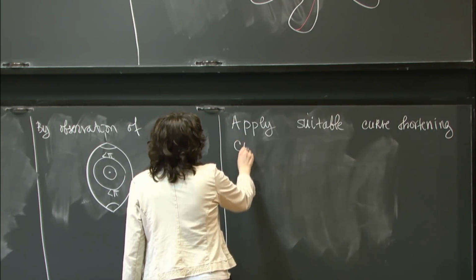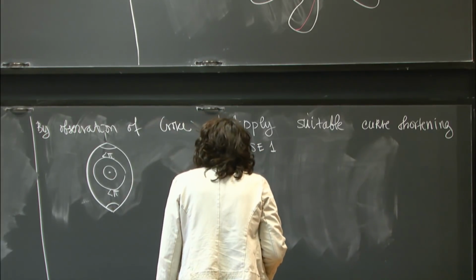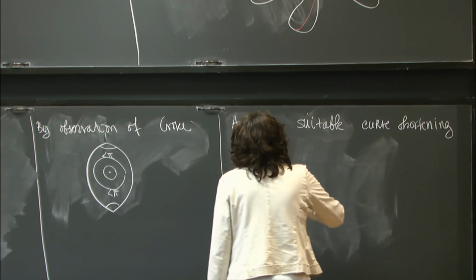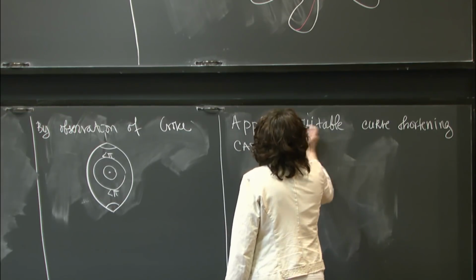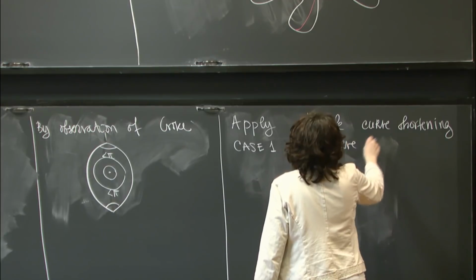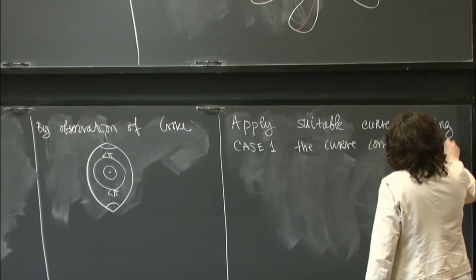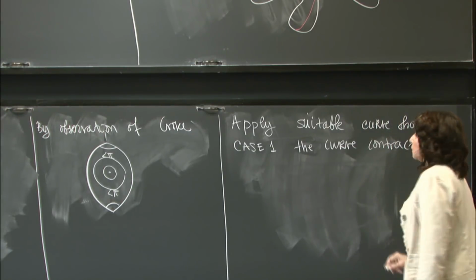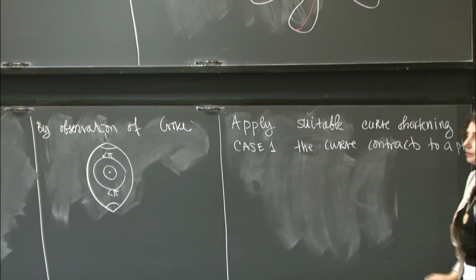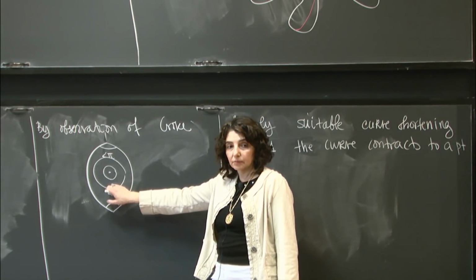So case 1: we will contract to a point. The curve contracts to a point, and it contracts to a point in every such digon on M.